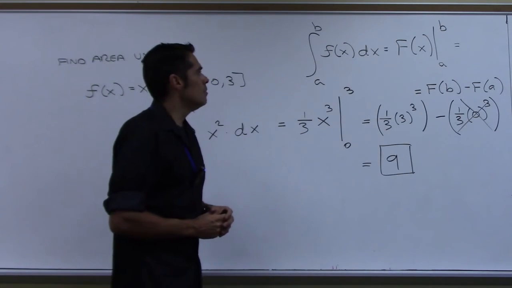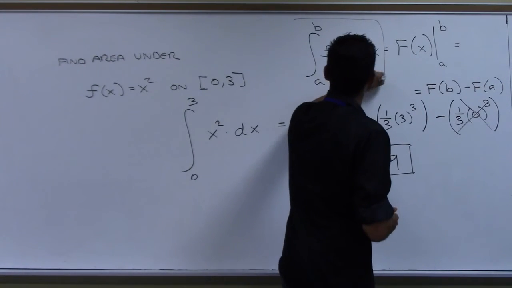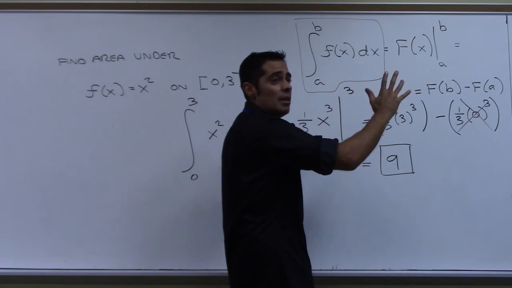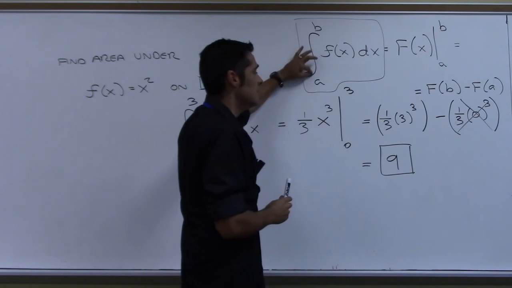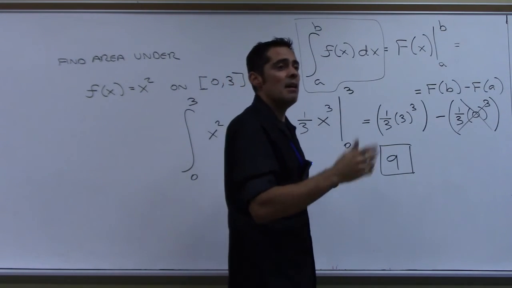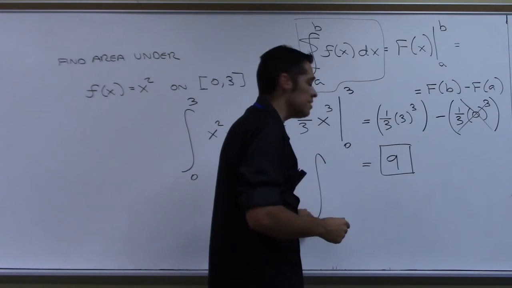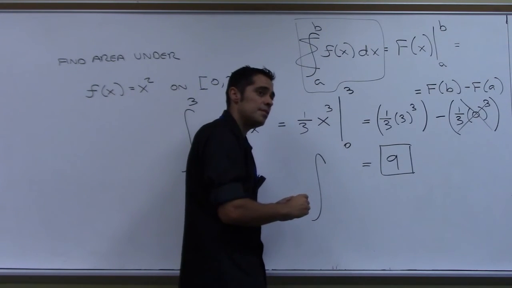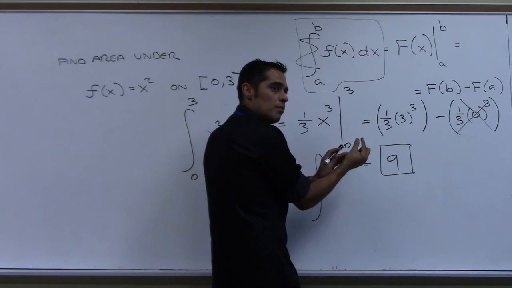No, this right here is the notation that we use to represent that whole entire limit. This integral sign is the thing that's saying limit going to, because if it was just add up, why not just use a sum? The integral sign is special in the sense that it's a sum of an infinite number of pieces, where each of those rectangles is getting more narrow, more narrow, more narrow.